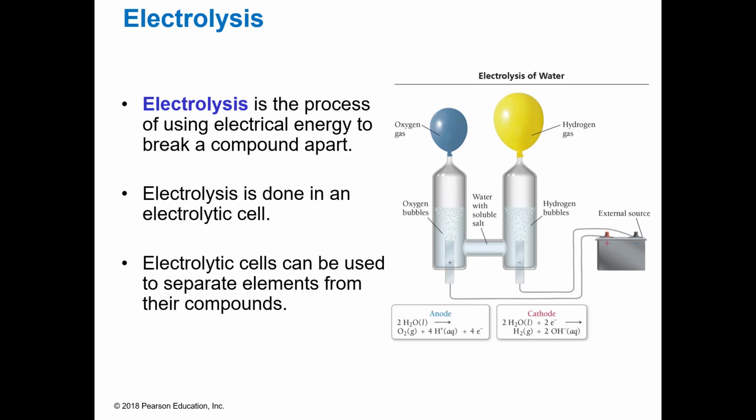Another example of electrolysis, you probably already know about this, is that you can pass electrical current through water to generate hydrogen gas and oxygen gas. This is what a lot of people think is how we would generate hydrogen gas for hydrogen-powered cars. The question is, where do you get the energy source to generate the hydrogen gas?